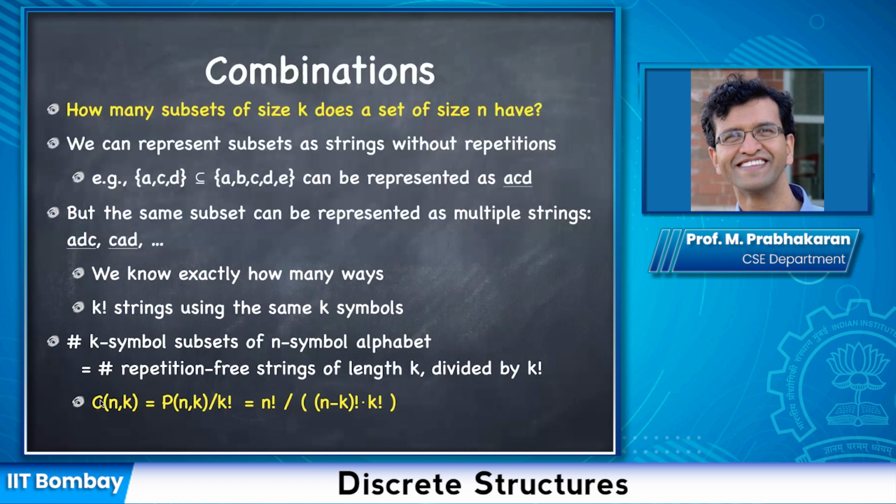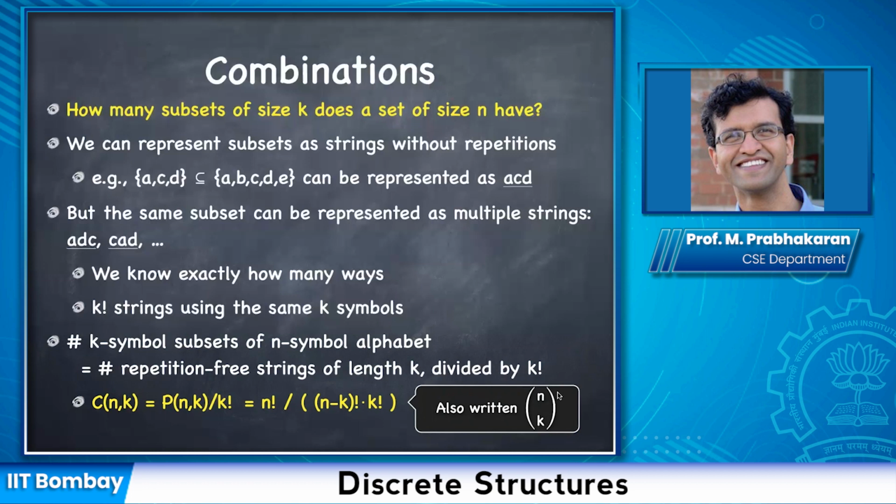Okay, so that is a very important quantity, the Cnk, and let me say a few more things about it, but the derivation is simply a consequence of what we already saw for Pnk, and the fact that Pkk is k factorial.